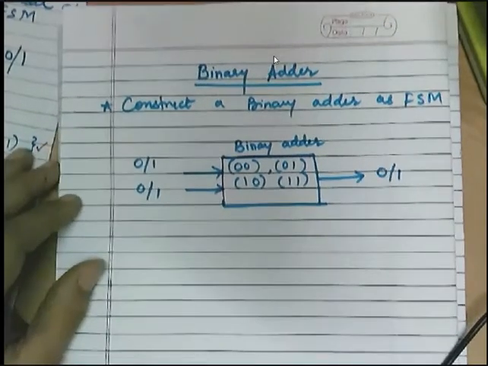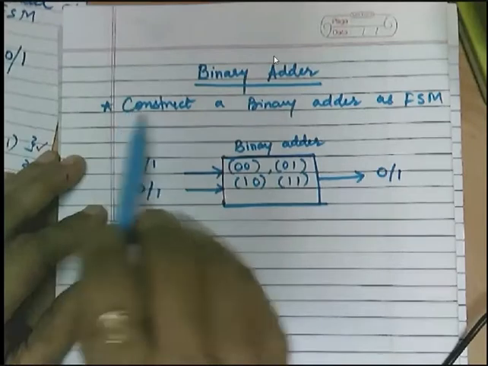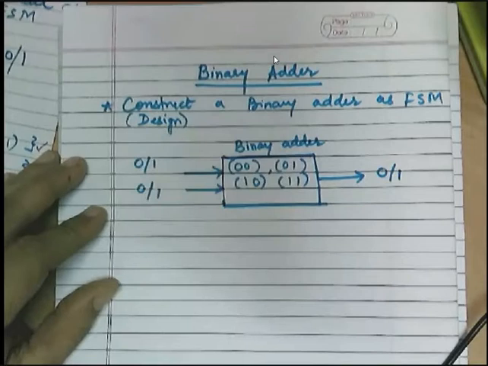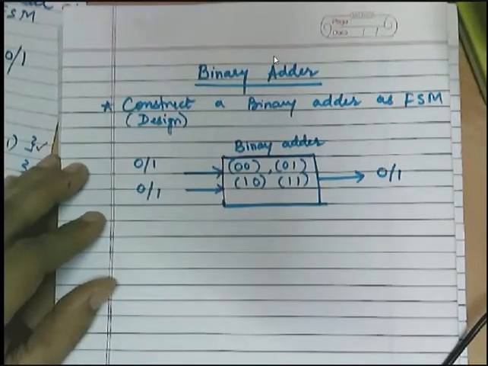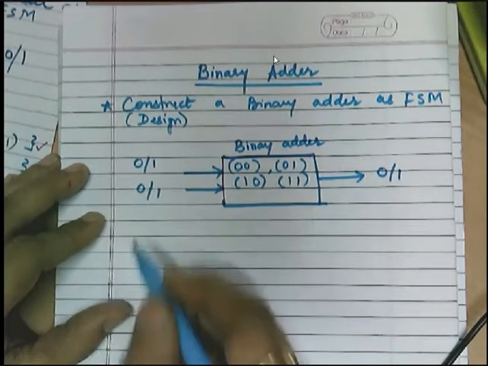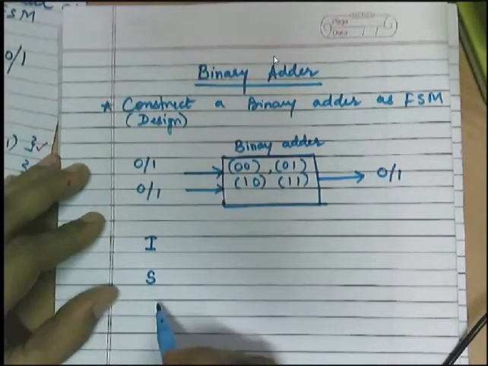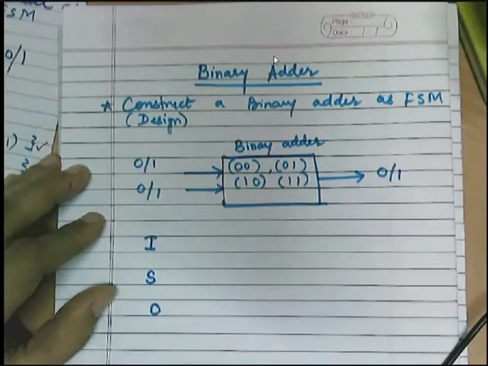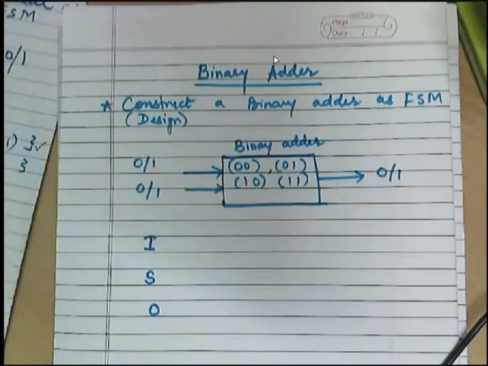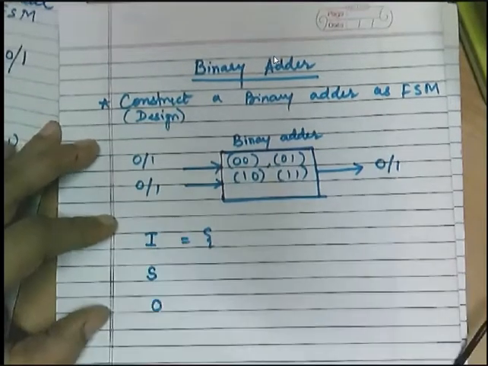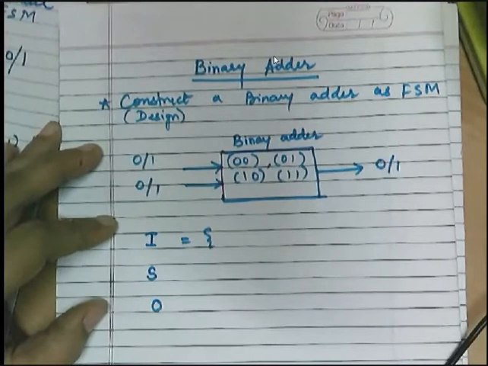So what are we doing now? We are trying to construct or design the binary adder. We will say that we have completed designing the finite state machine if we have all three pieces of information: I, S and O. Can I identify from this example what my input set will be?